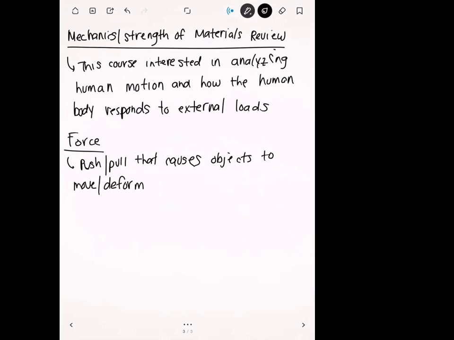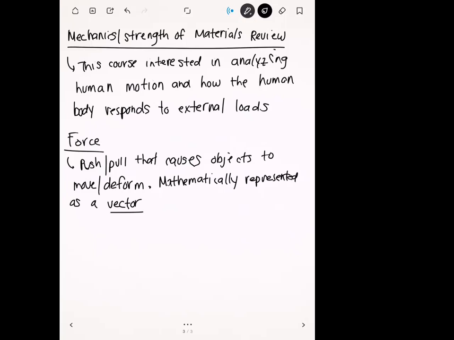Mathematically, we represent forces with a vector, so they have direction and magnitude.